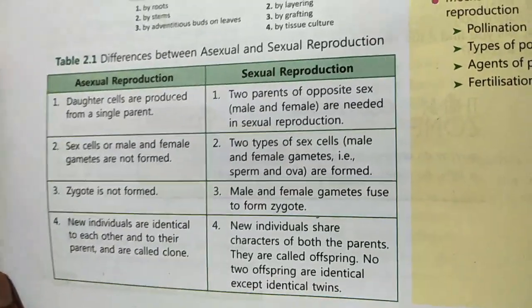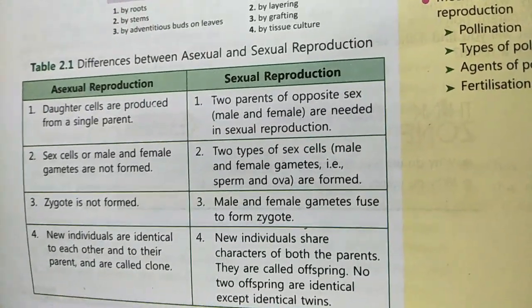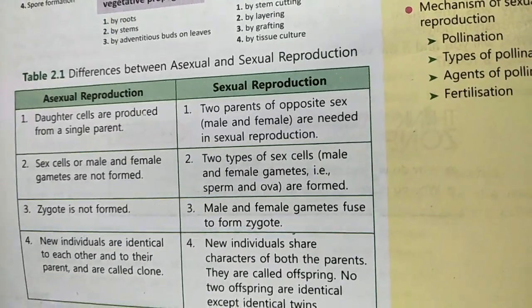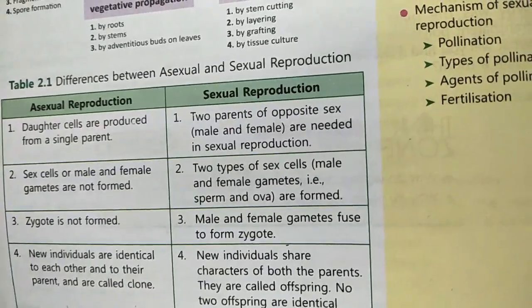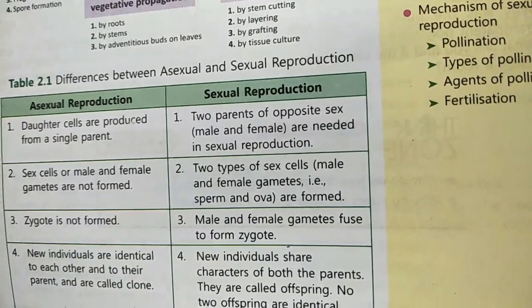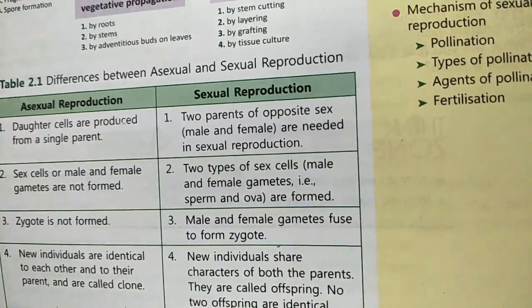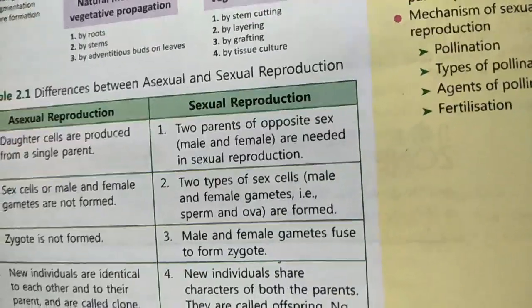Okay. In sexual reproduction, we need two opposite, that is male and female parents, and therefore it is known as sexual reproduction. So when we study especially about plants, we know in the flowers we have the androecium and the gynoecium. Androecium being the male part and gynoecium being the female part.